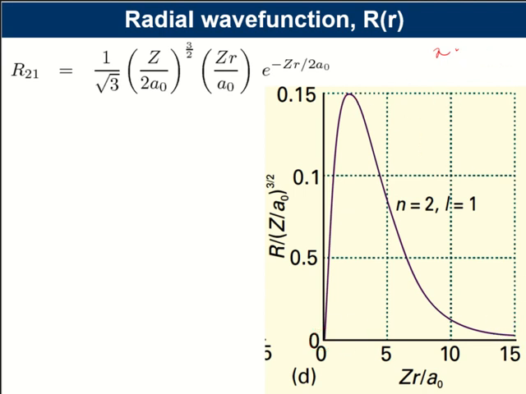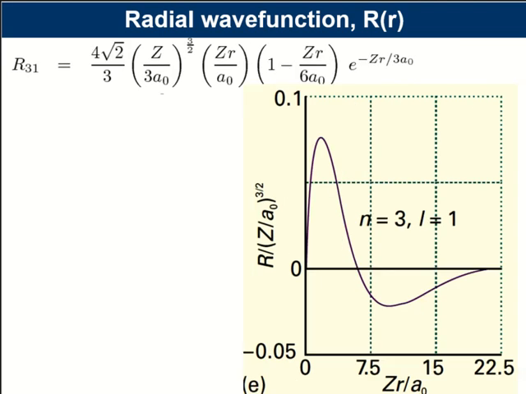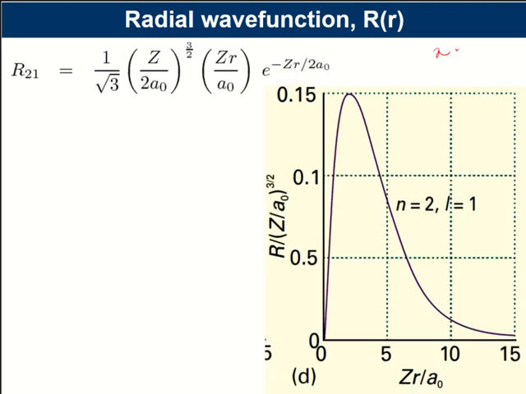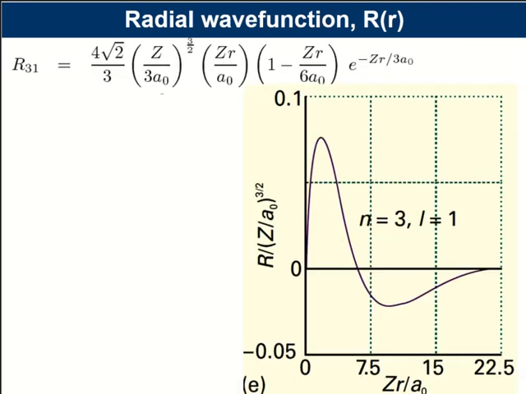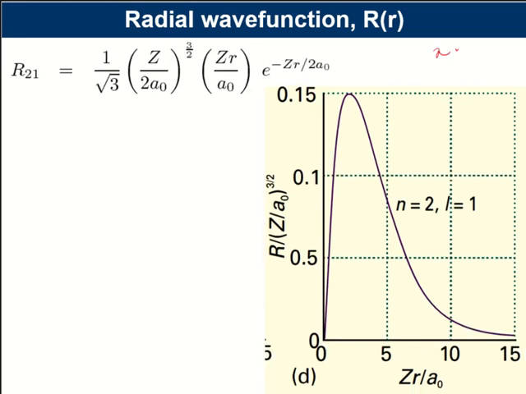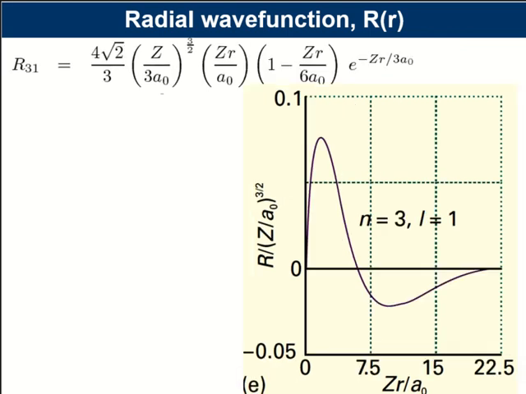ठीक है, radial wave function. So this is 2p and this is 3p. अब 3p में क्या है, एक नोड आ गया, there is no node here, so you can again think of n minus l minus 1. कोई भी नोड नहीं है इसमें, 2p में नोड नहीं है, रेडियल नोड नहीं है, 3p में एक नोड आएगा.